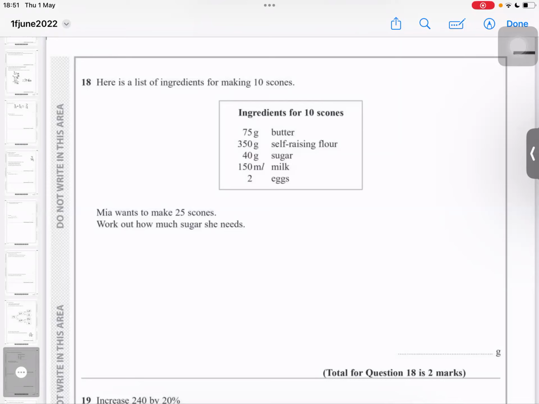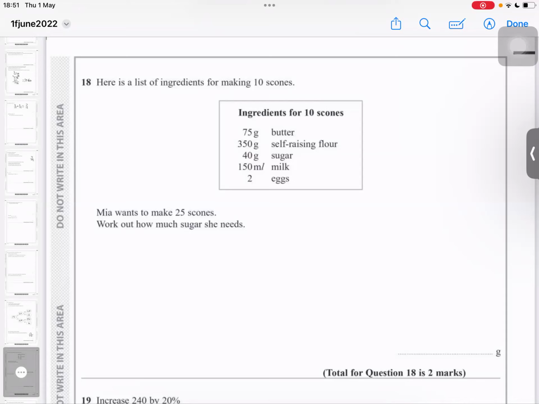Okay, it says here is a list of ingredients for making 10 scones. And then it goes on to say, Maya wants to make 25 scones. Work out how much sugar she needs. So they're only interested in sugar. So let's focus on sugar. 40 grams of sugar is needed to make 10 scones.